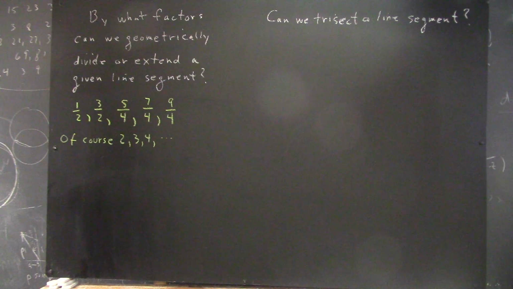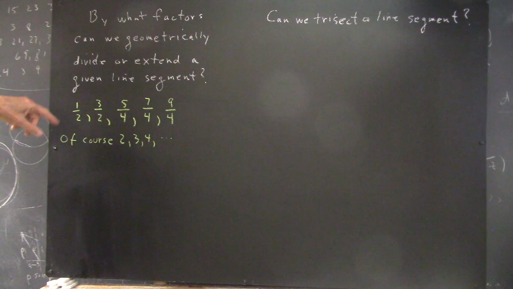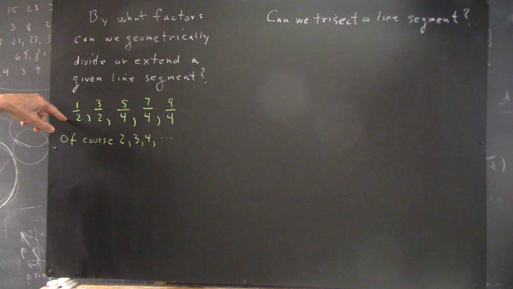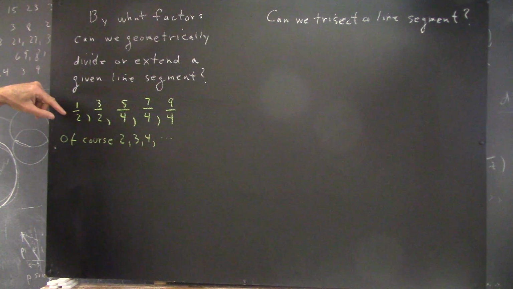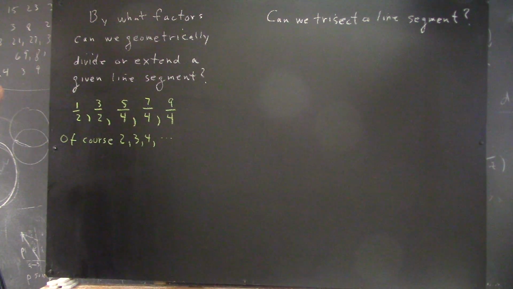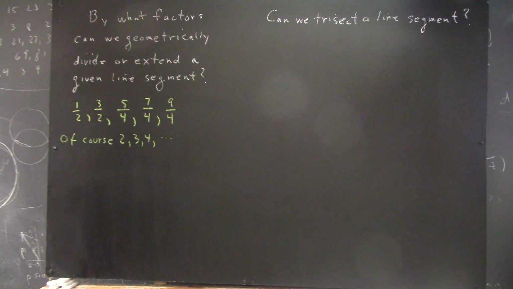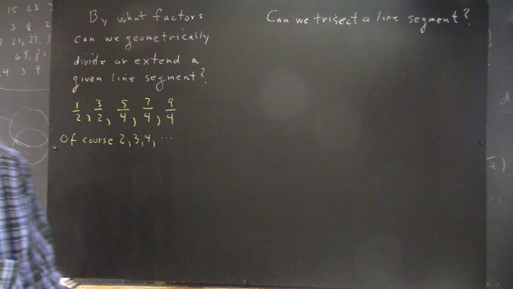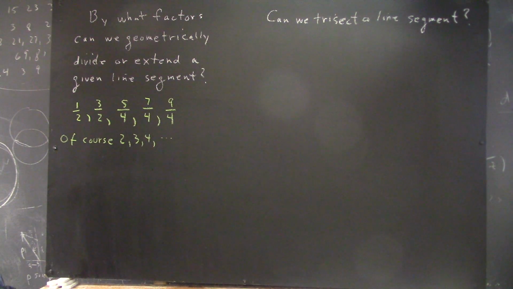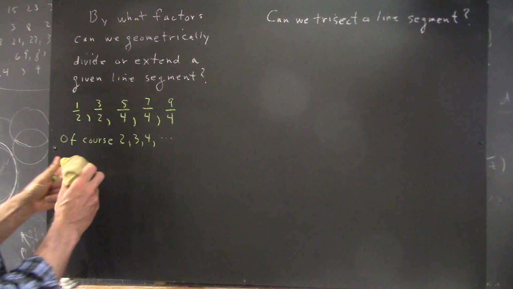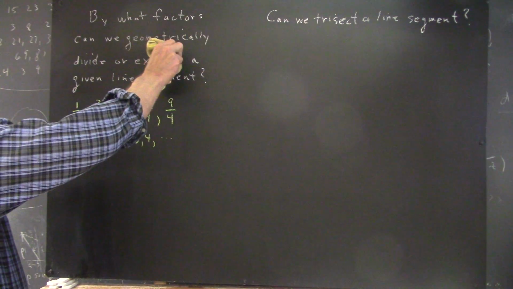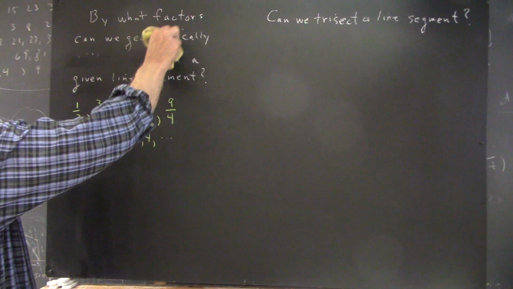Okay, well, just think about it. We can divide the length and change the length. And actually, this whole term divide or extend, I'm gonna actually right here in front of your very eyes change my language just a little bit. Instead of divide or extend, that language is starting to get a little bit confusing.